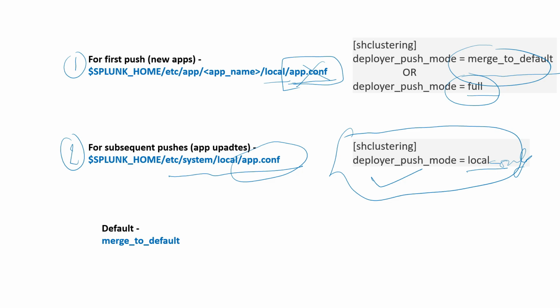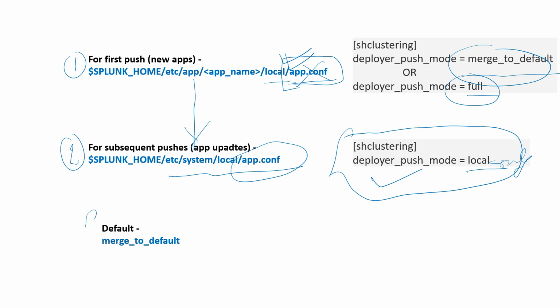And now for the subsequent pushes for the updates, you can use this SH clustering deployer push mode, which is local only, for the further updates and subsequent pushes, right? So only for the first time for the new push, you can define app-specific app.conf, because this will take precedence over the system local, and it will push all the configs of default and local to your SHC members.